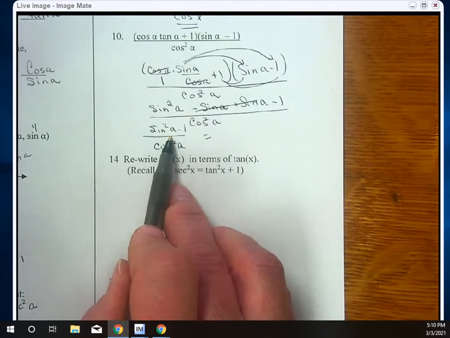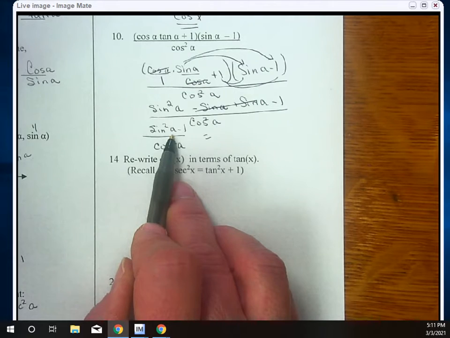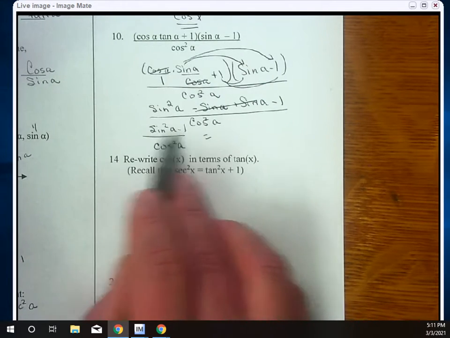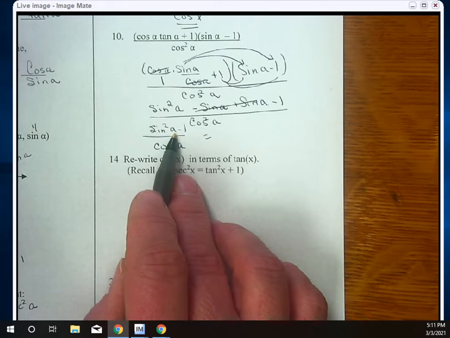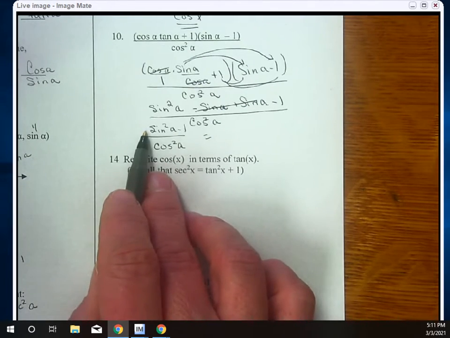If you look back at your identities that I asked you to just do, this sine squared of alpha actually looks similar to something that you have in your second equation. And that is, these signs are the exact opposites. As I solve for cosine, my second equation was the cosine squared of alpha equals 1 minus the sine squared.